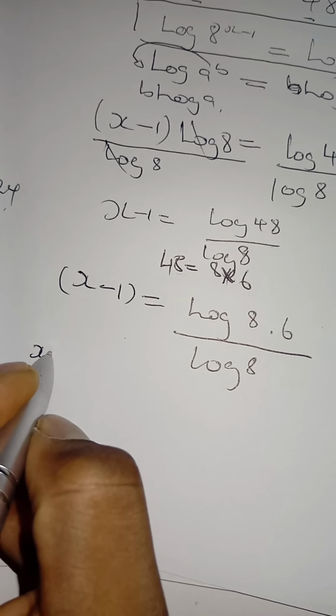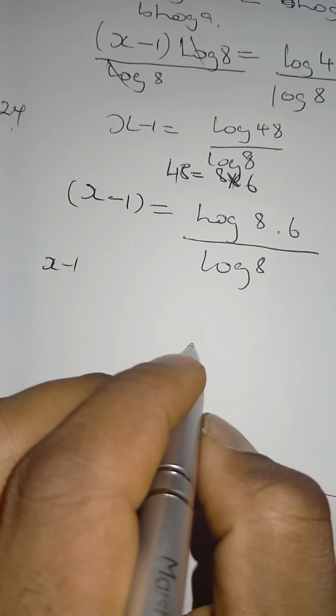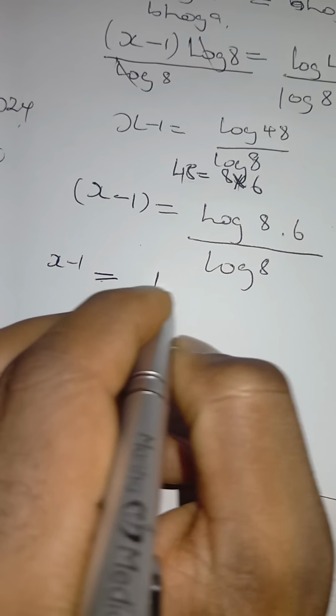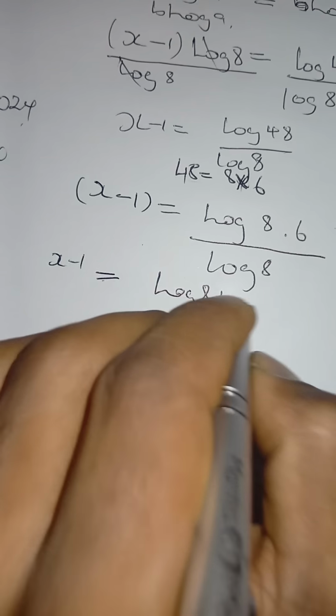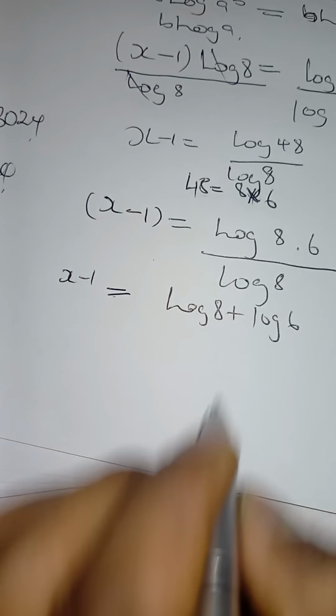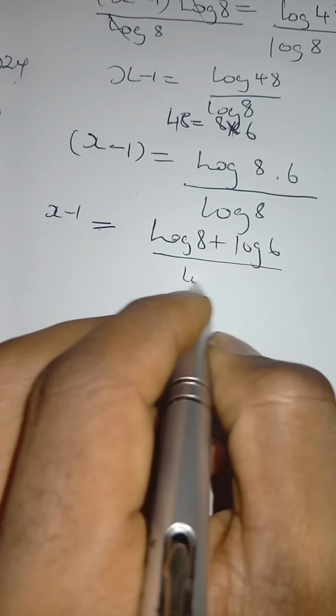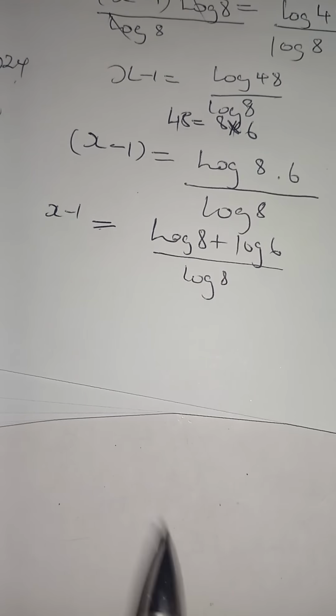We're going to say x minus 1 is equal to log 8 plus log 6, all divided by log 8.